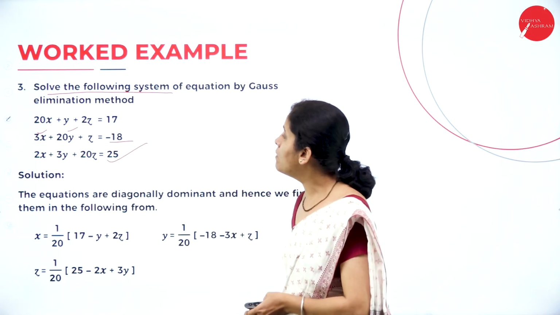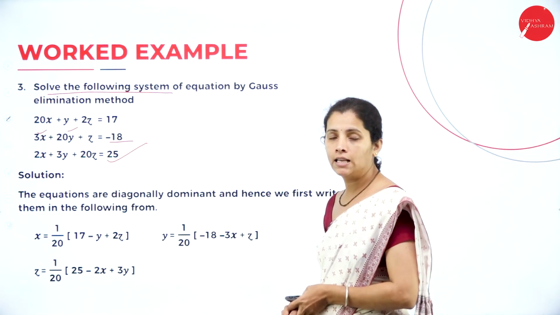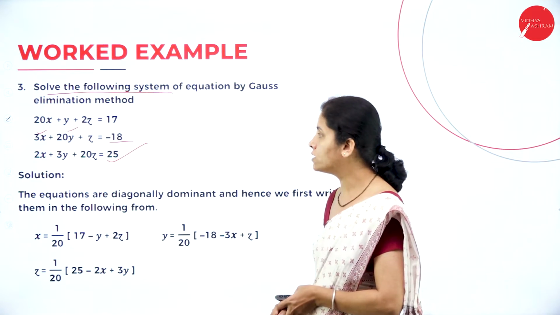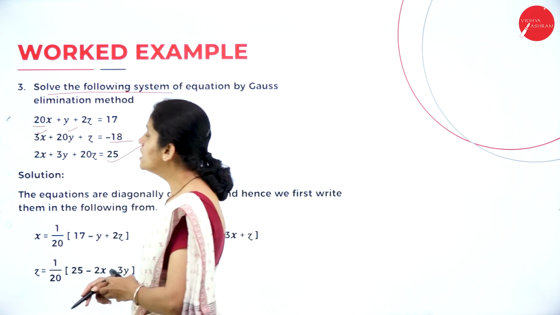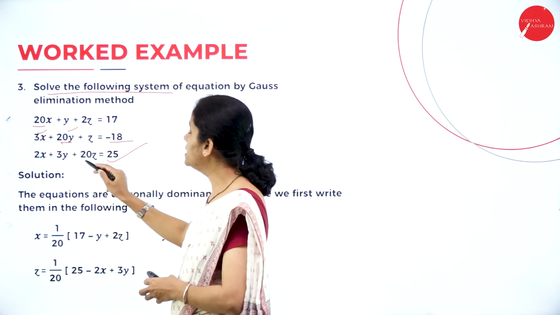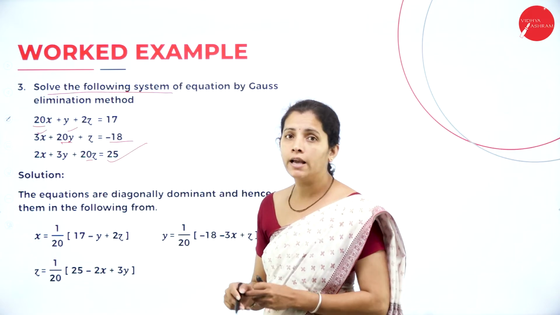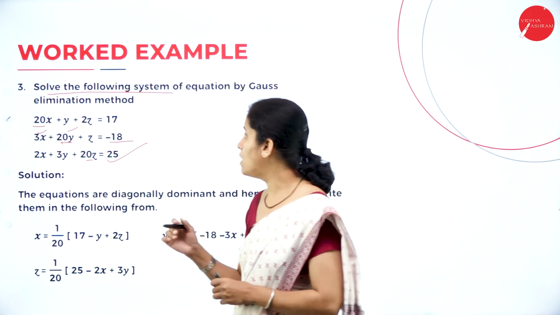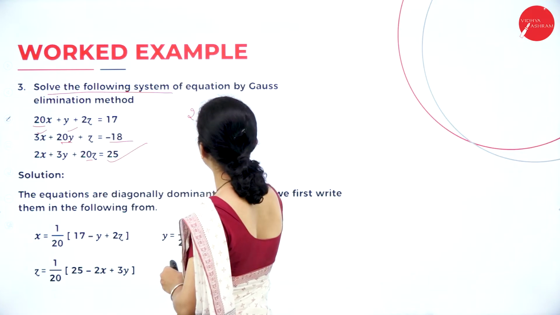Okay, fine. Now I just want to check whether all the elements are diagonally dominant or not. See here, if I consider this equation, it is 20, here it is 20, and here it is 20. So all the elements are diagonally dominant. Now I just want to cross check. So it is 20 greater than 3.